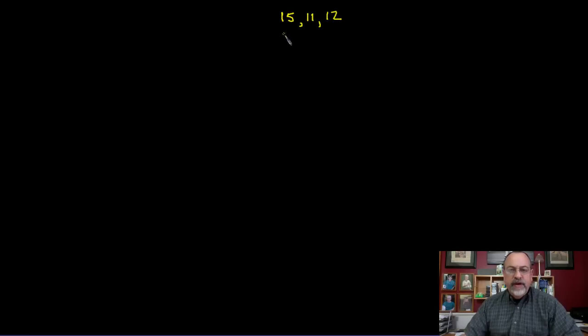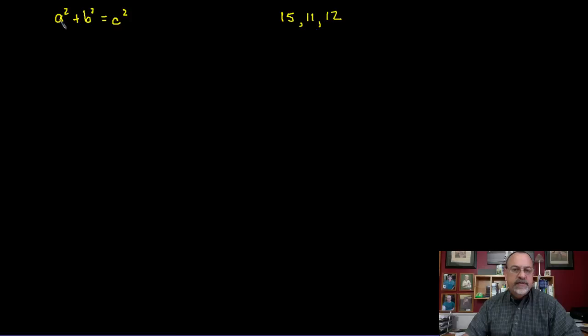So let's take the values 15, 11, and 12, and the question is, what kind of triangle does this represent? Are these sides of a right triangle, an obtuse triangle, or an acute triangle? Again, we're going to use the Pythagorean theorem to help us do that. So we have a squared plus b squared is equal to c squared. It's very important to remember that the larger value goes in for c.